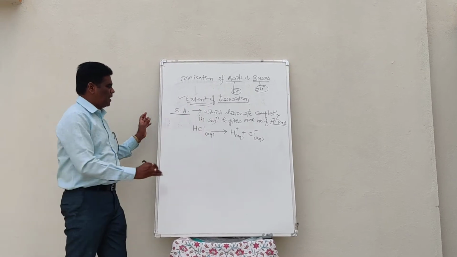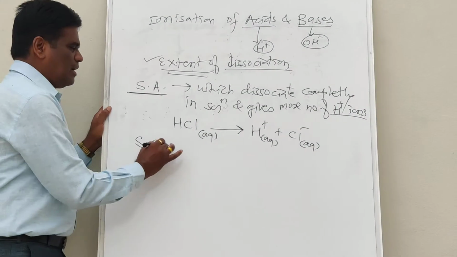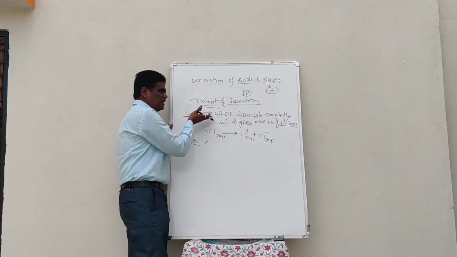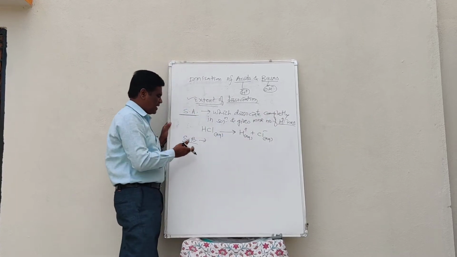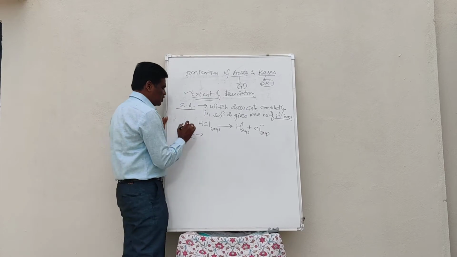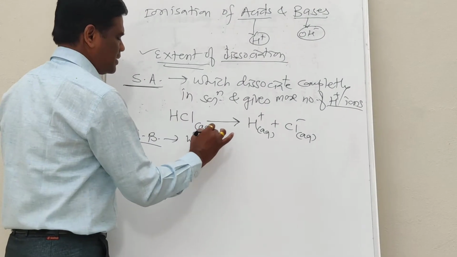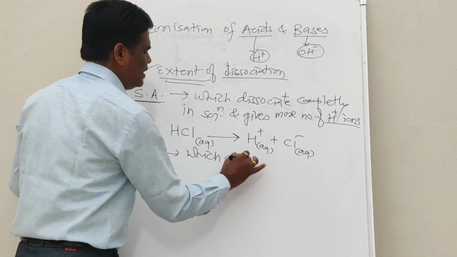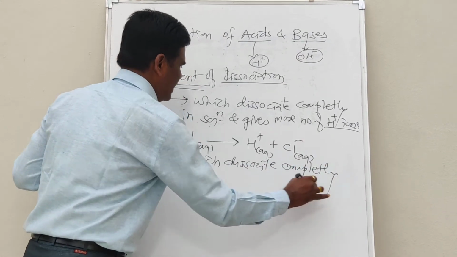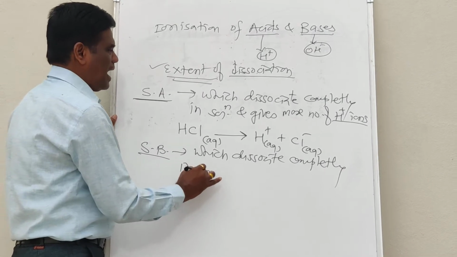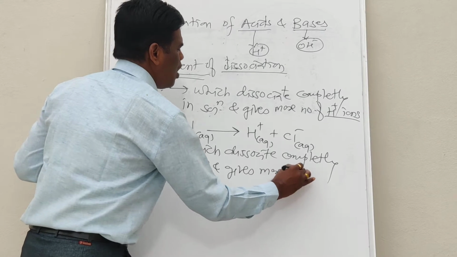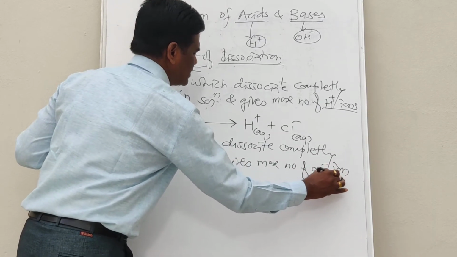Suppose another example, that is the strong base. Now what is the meaning of strong base? Similarly, just as strong acid contains more number of H plus ions, the strong base contains more number of OH minus ions. Strong bases are those bases which dissociate completely in their solution and give more number of OH minus ions.